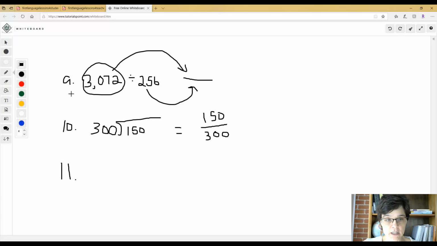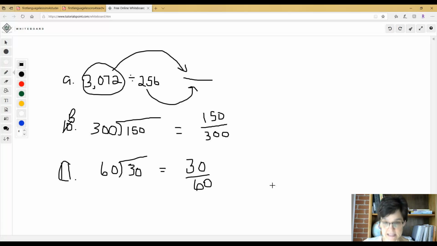Why am I writing number 9? Oh, that's supposed to be A. That's B, and that's C. So this will be 60 and 30. This is 30 divided by 60. So you'd write it like this. It's the same thing. 30 divided by 60. All right, then you can go ahead and do D, and then I'll help you with number 3.